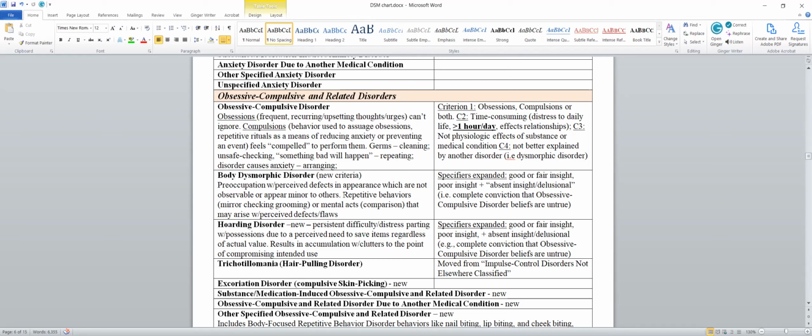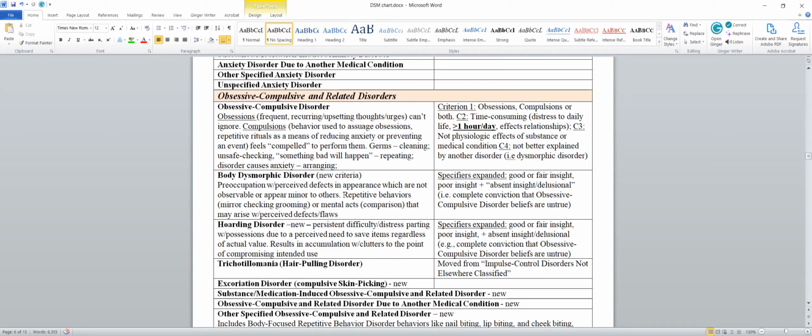Specifiers expanded: good or fair insight, poor insight, and absent insight/delusional. For example, complete conviction that the disorder beliefs are untrue. And these specifiers are also the same ones used for hoarding disorder.